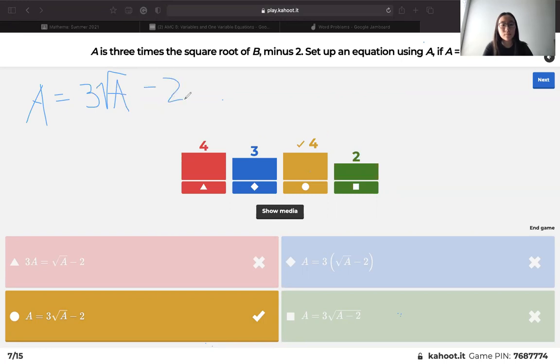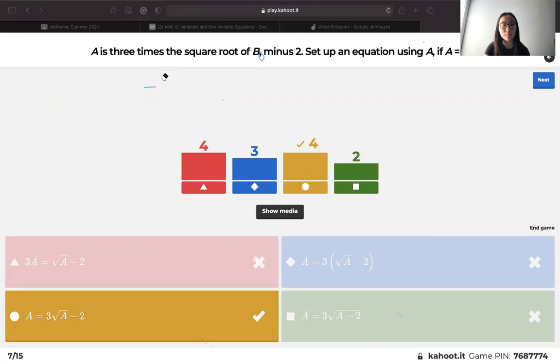If you look at the wording, there's a comma right there, which kind of tells us that only the square root of B is under the radical, not the whole thing. So that's why it's the yellow one, not the green one.